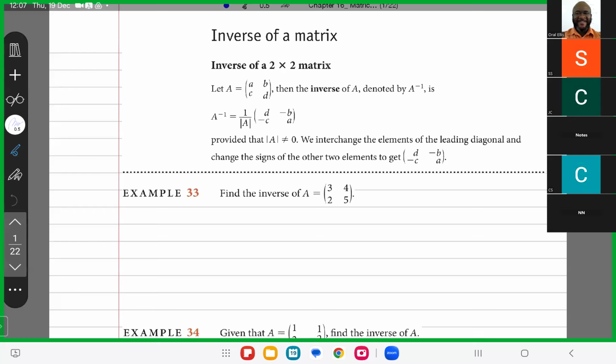This says let A be the matrix A, B, C, D. Then the inverse of A, denoted by A superscript -1, is 1 over the determinant times this matrix. I remember from CSEC, I think it was called the adjoint matrix.